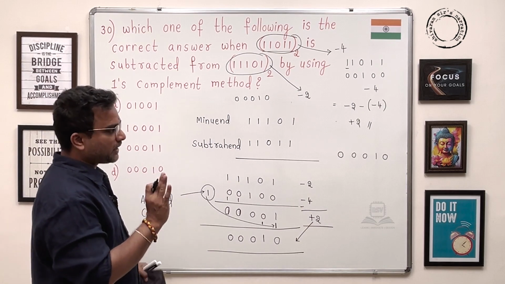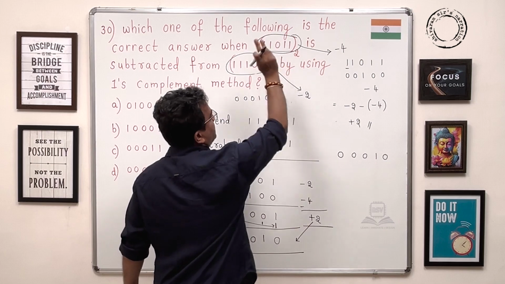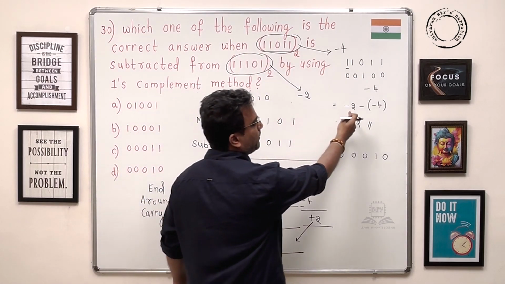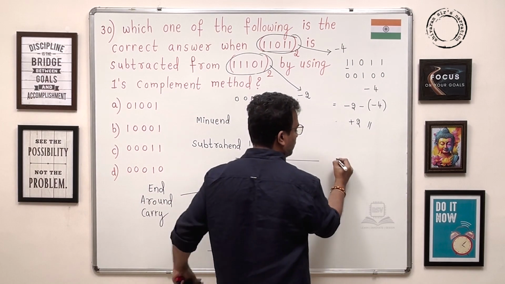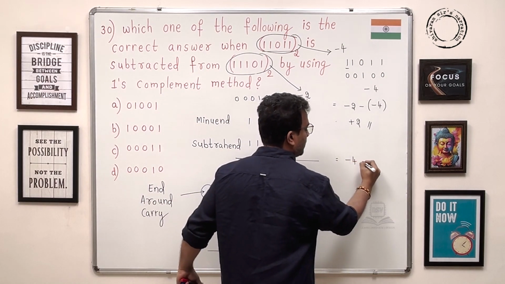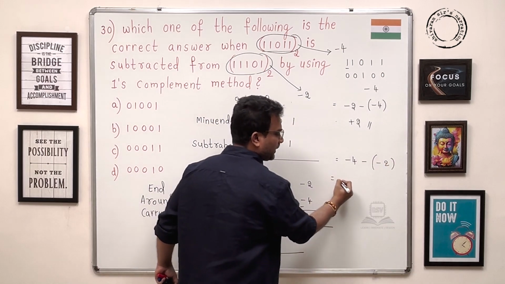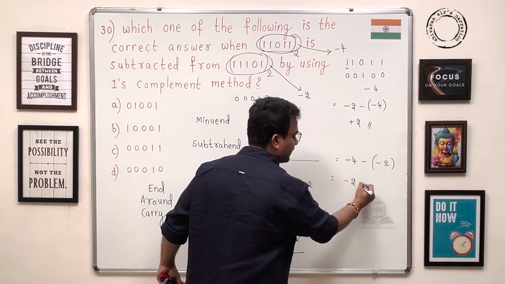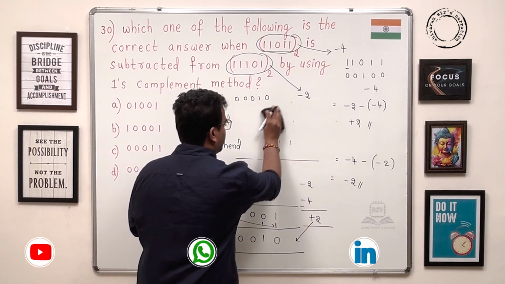I want to subtract now this number from this. Actually it is 2 minus of minus 4, right? Now I want to do minus 4 minus of minus 2. Then what you'll get guys? Minus 2 only, na? Now let's see the same here.